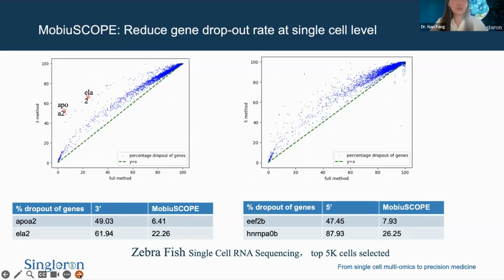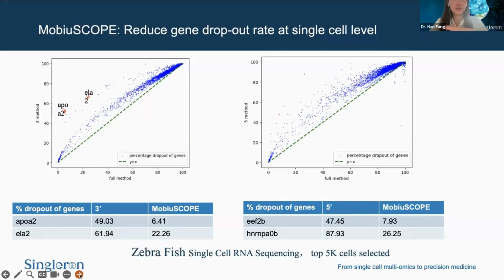But there are also organisms that are probably not so well studied. So we normally call them non-model systems or non-model organisms. They don't have a very good and complete reference genome as human or mouse do.